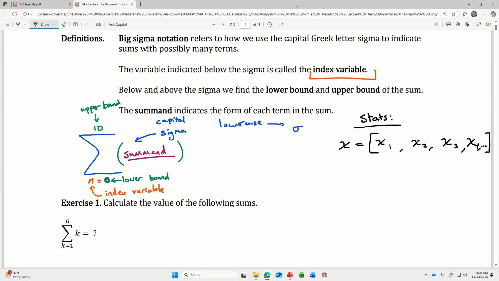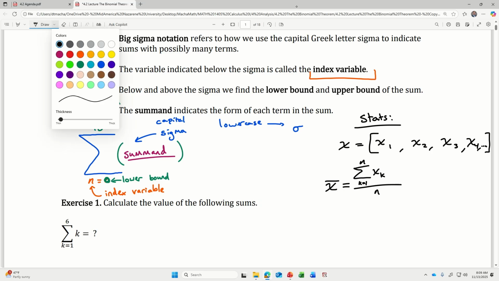And if you want to know the sample mean, or the average of this list of measurements, you would take a sum where your index goes from 1 to n, the sample size, and then divide that by the sample size. This is the formula for the sample mean from statistics. But we use a capital Greek letter sigma to tell you that all of those measurements, we are adding them all up together.